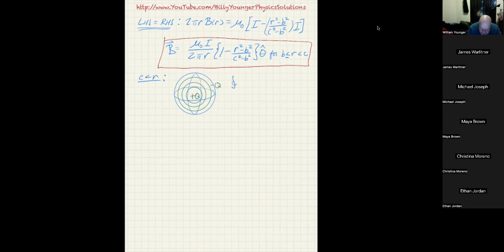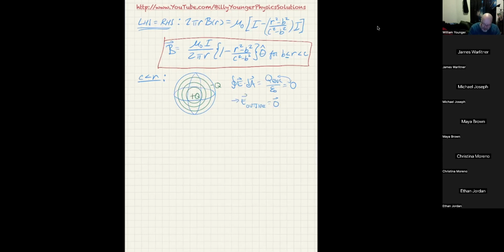Then the closed integral of E dot dA, which is equal to Q enclosed over epsilon naught, is actually going to be equal to 0 because Q enclosed is 0. So that means E outside equals 0. And that's the same thing that's going to happen here.